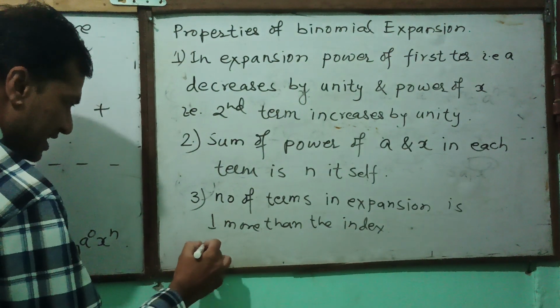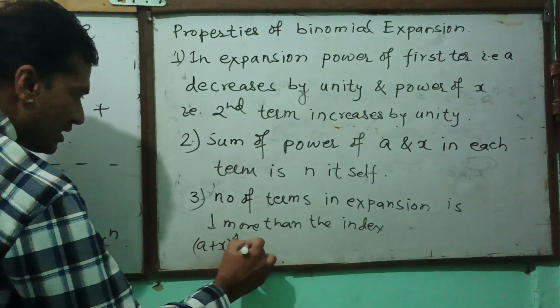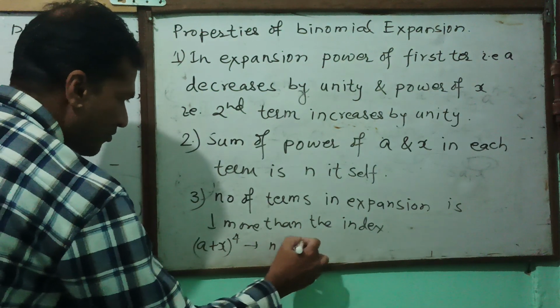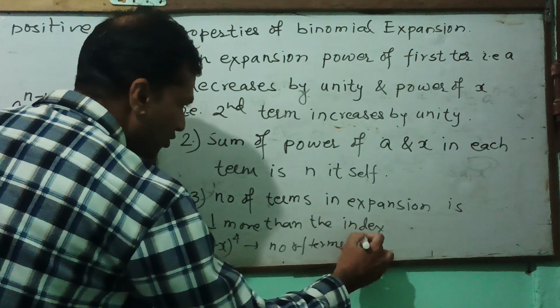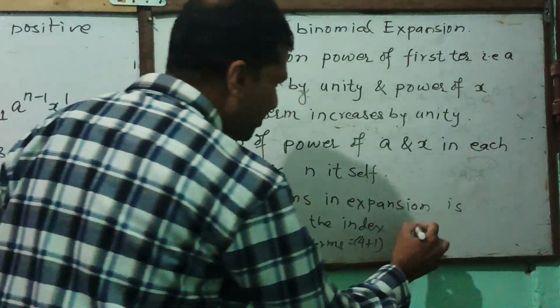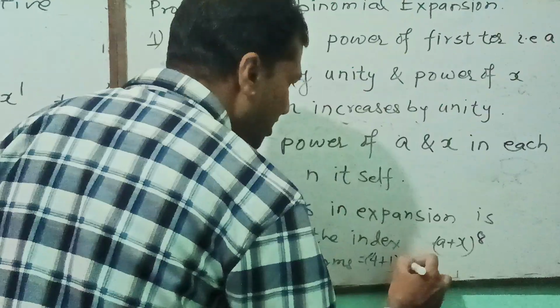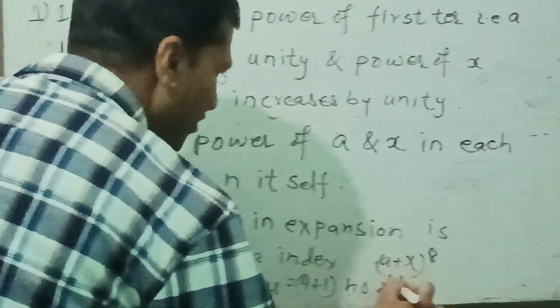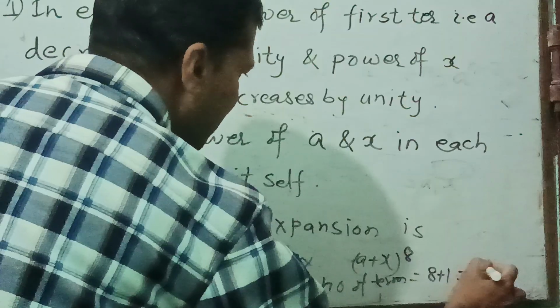Like this one, if you take the example a plus x to the power 4, then the number of terms is equal to 4 plus 1. If this is a plus x to the power 8, then the number of terms is equal to 8 plus 1, which means 9.